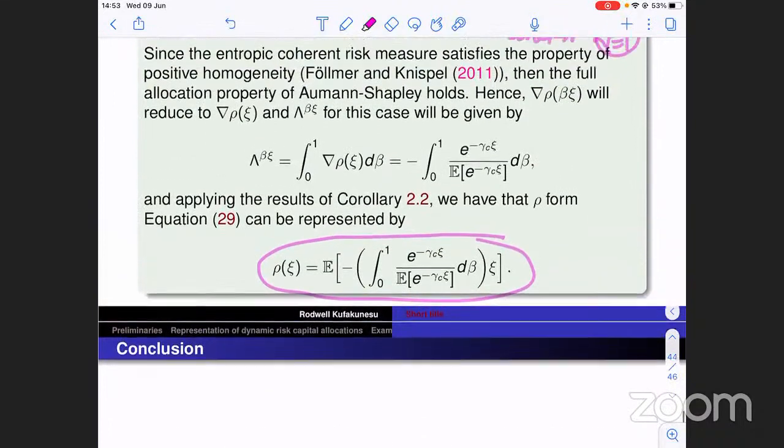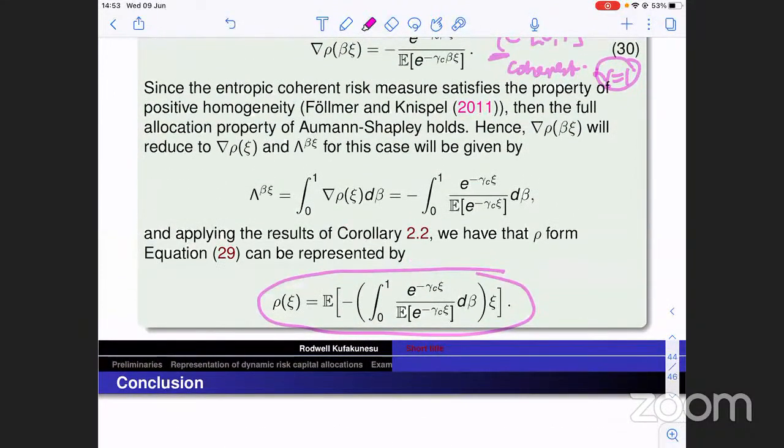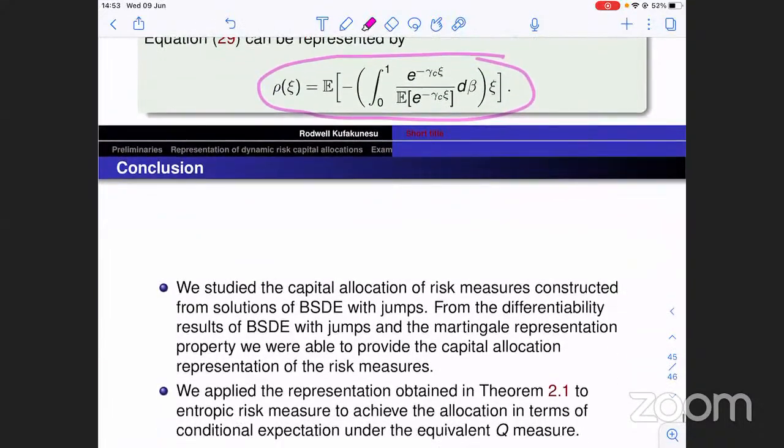So, like I've alluded to, the paper is highly technical, but I think I tried my best to explain the key features in the paper. In conclusion, we have just studied the capital allocation of risk measures, constructed the BSDE solution from the differentiability results of the backward stochastic differential equation of the jumps and the martingale representation property.